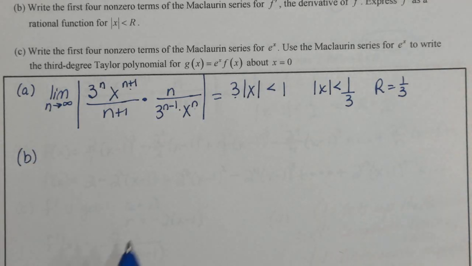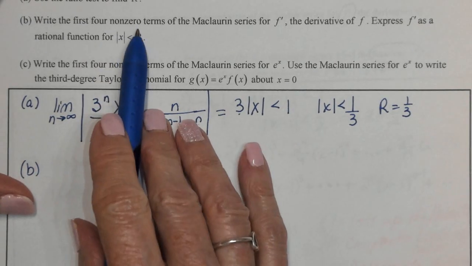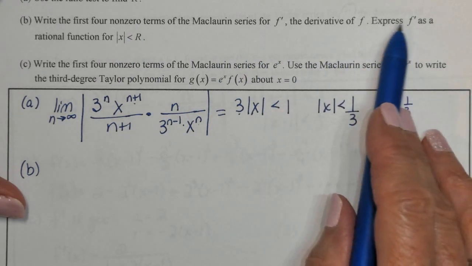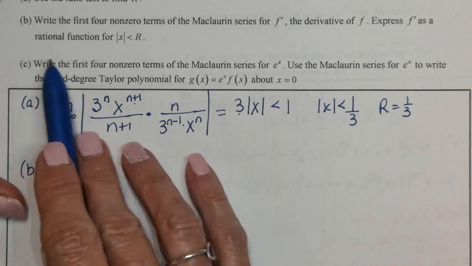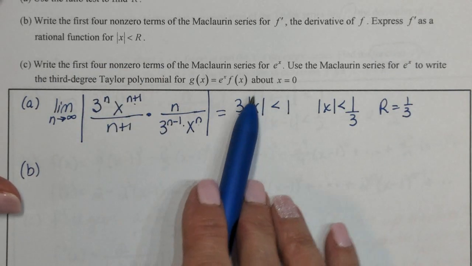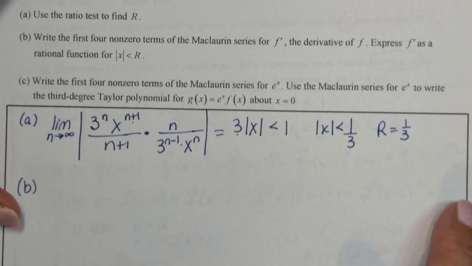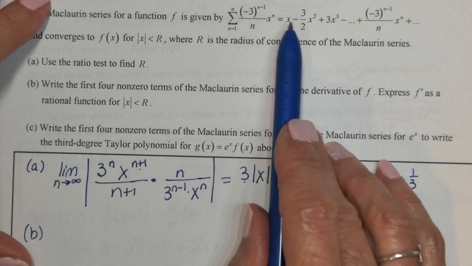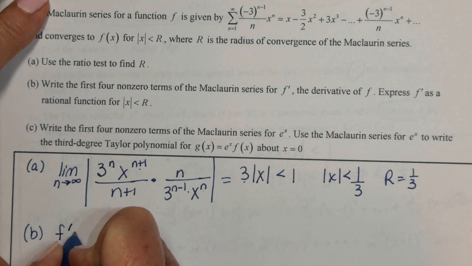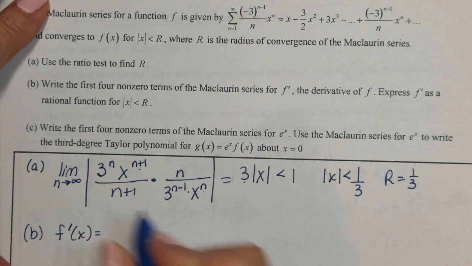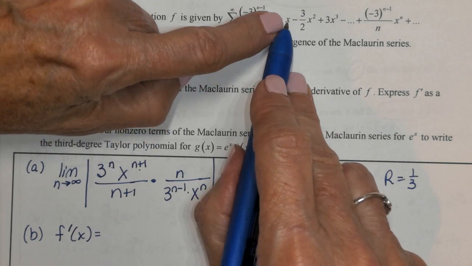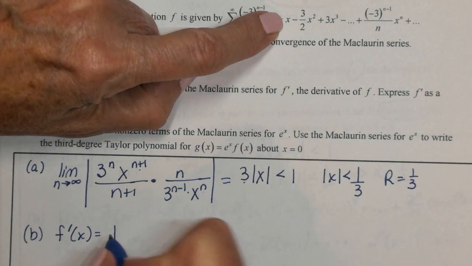Part B. Write the first 4 non-zero terms for f prime, the derivative of f, and then express f prime as a rational function on the interval of convergence. First, let's write the terms of f prime. In this case, they already gave me f, so I'm not going to rewrite f this time. What's the derivative of the first term? 1.